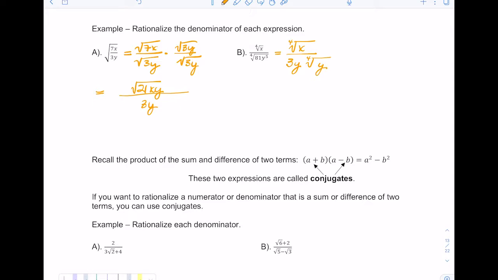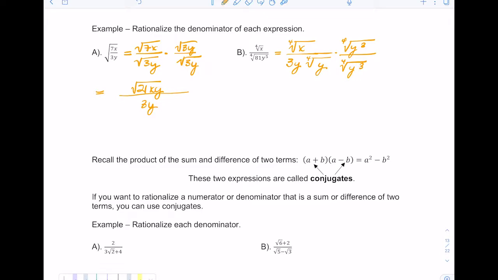So what I need to do is get rid of this fourth root of y. So I'm going to multiply by the fourth root of y to the third. Okay, y to the third, because I have 3 y's and another y gives me 4 y's. So I'll be able to pull the y out of there.